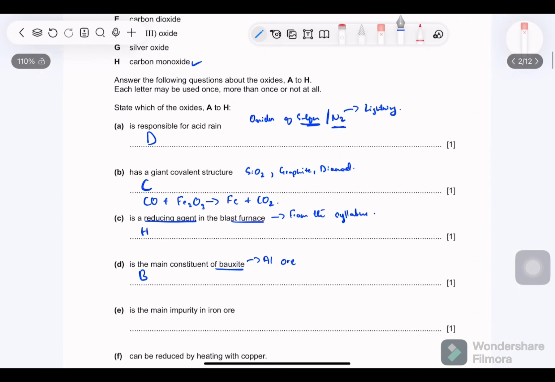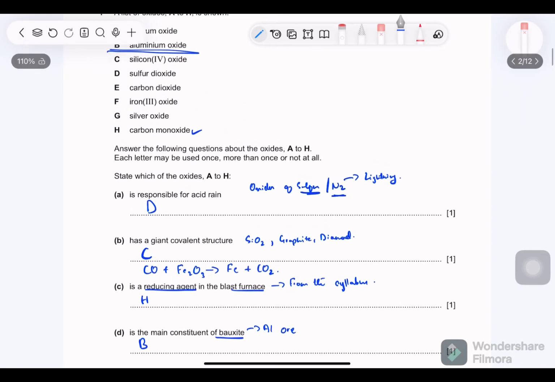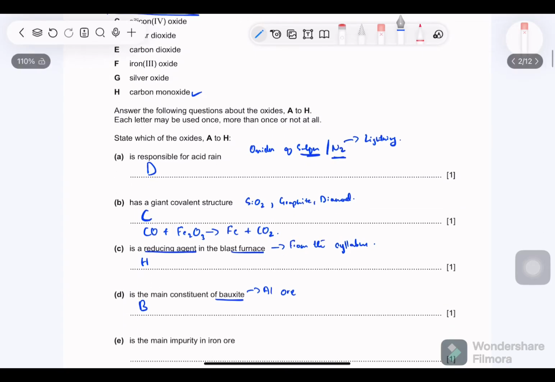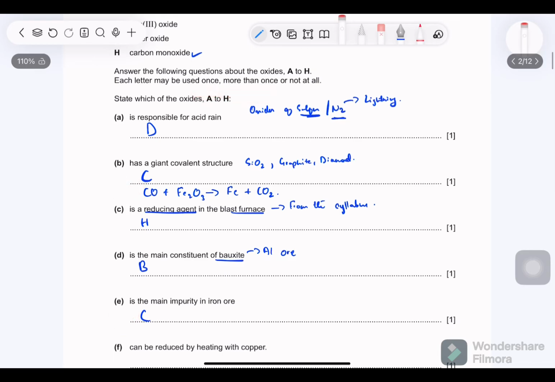E is the main impurity in iron ore. So the main impurity which we have to remove in iron ore is again silicon oxide, which is C. So this is what they said exactly: each letter may be used once, more than once. So C is being used more than once. What is the reaction?